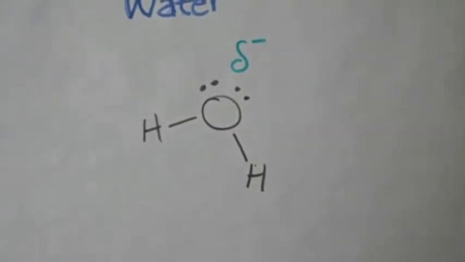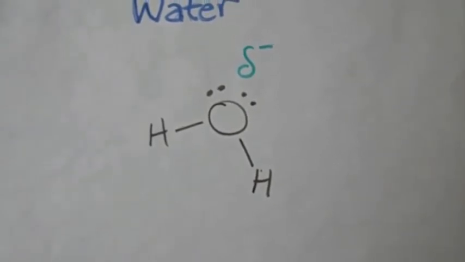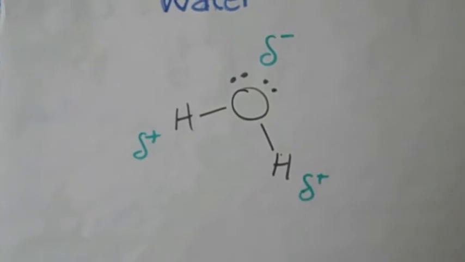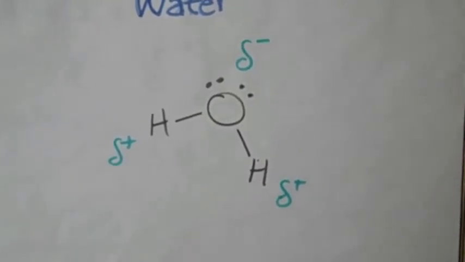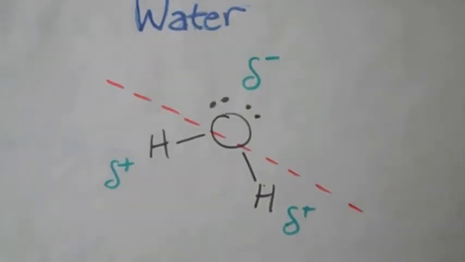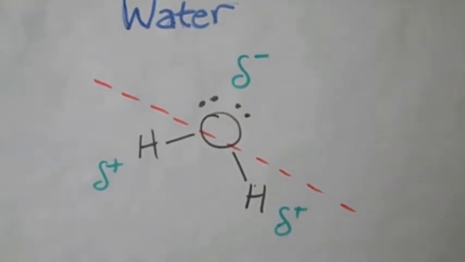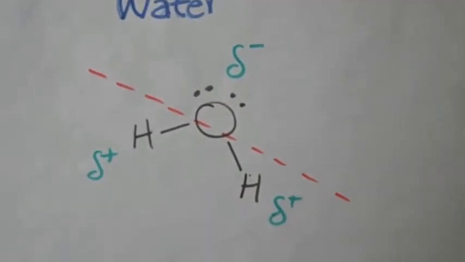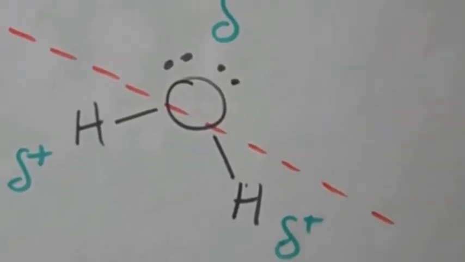The hydrogens, on the other hand, just protons with their single electron involved in the bond, give this a partial positive charge. Can we draw a line through the middle? Well, we can. And if we can draw a line through the middle, leaving a positive side of a molecule and a negative side of a molecule, then the molecule must be polar.